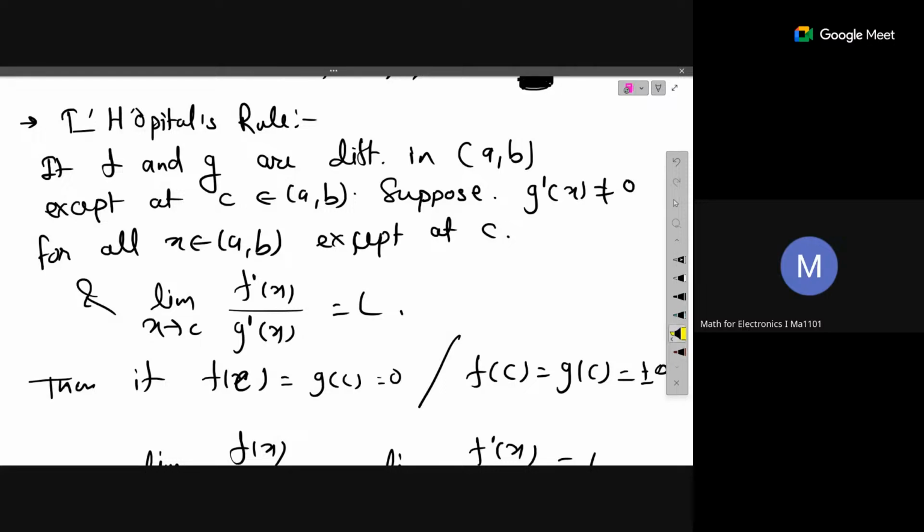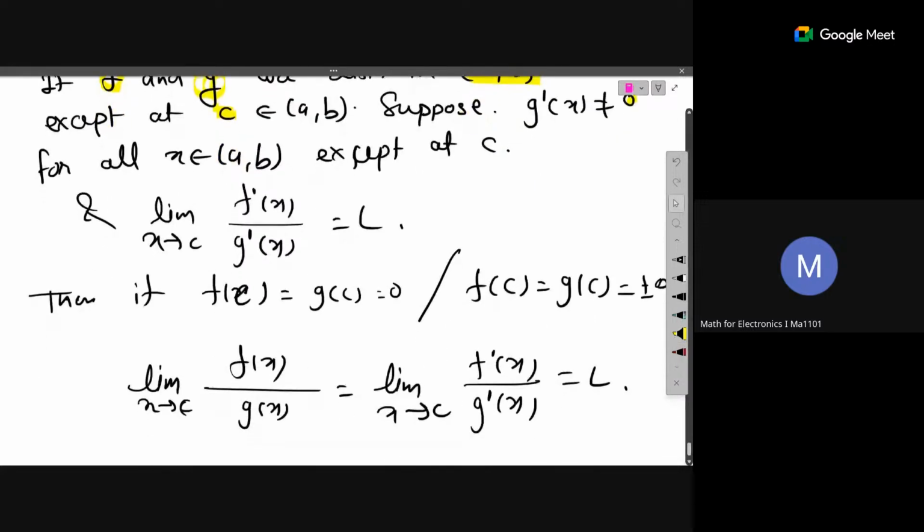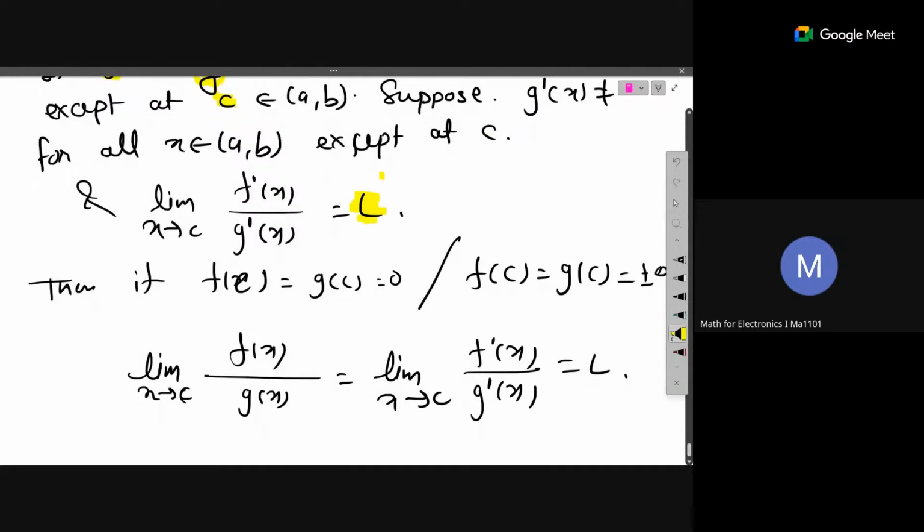First thing is your functions f and g should be differentiable in open interval a b except at this particular point c. It can happen that the function is differentiable at that particular point also. And suppose g dash of x is not equal to 0 for all x belonging to open interval a b, again except at c, and limit x going to c of the ratio of derivatives should be equal to some L. Then limit x going to c of f of x upon g of x is the same as limit x going to c of f dash of x upon g dash of x.